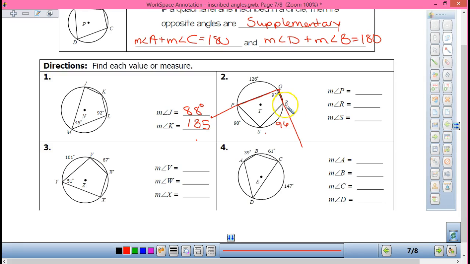So if Q is 93, what's S? 87. How'd you get that? 180 minus 93, because opposite angles add up to 180.